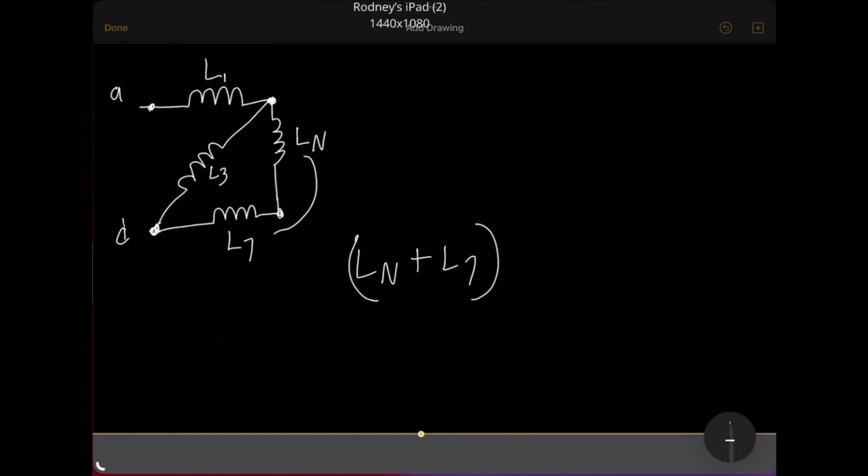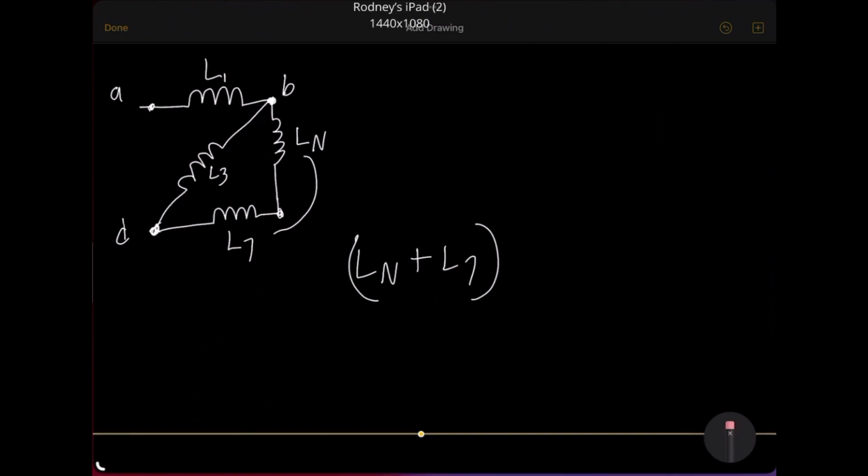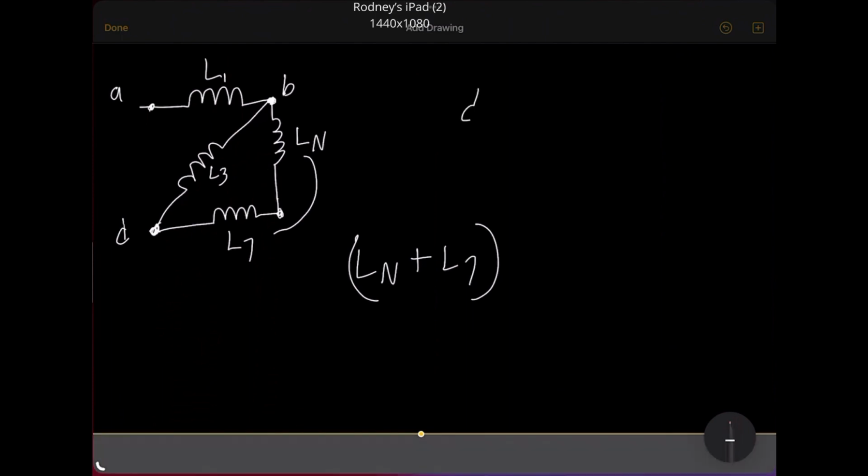See, as you go from this point, we'll call it B. As you go from B to D and B to D, they both have the same points, but they're not in series like these were. They're opposite from each other.